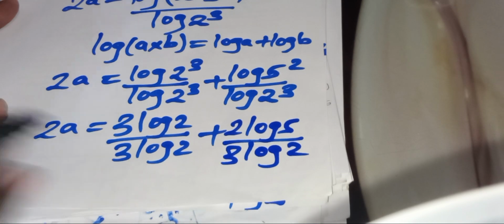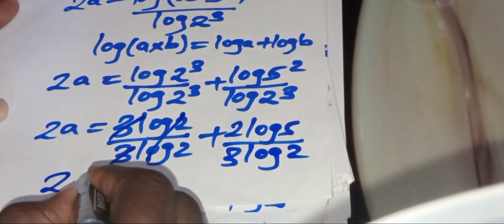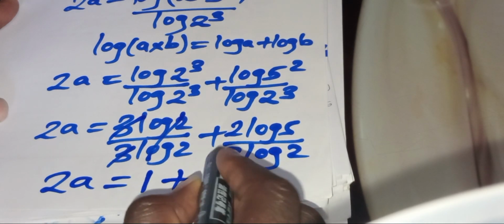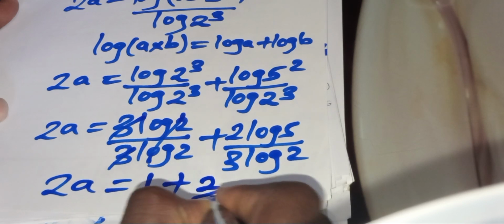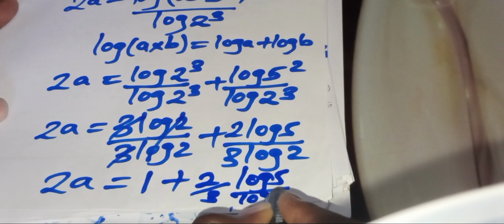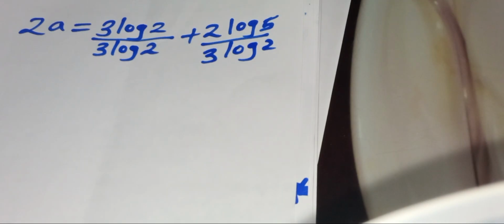Now let's simplify this. We have 2a is equal to 3 log 2 divided by 3 log 2, which is 1, plus 2 over 3 multiplied by log 5 divided by log 2.